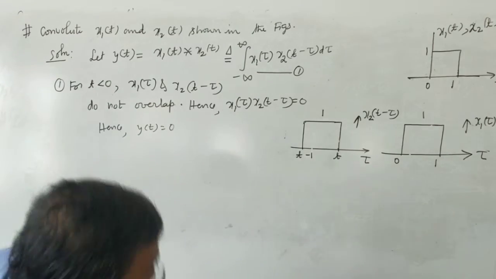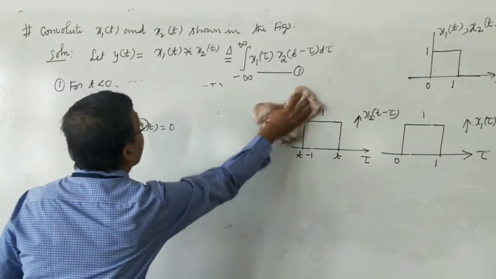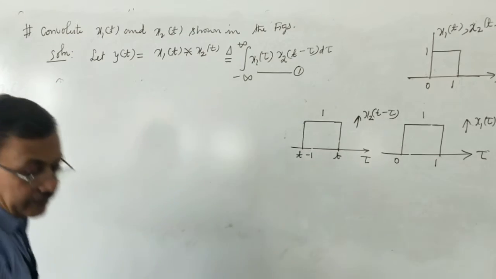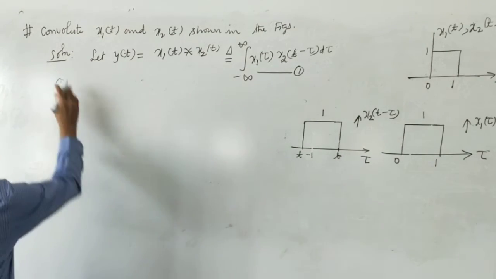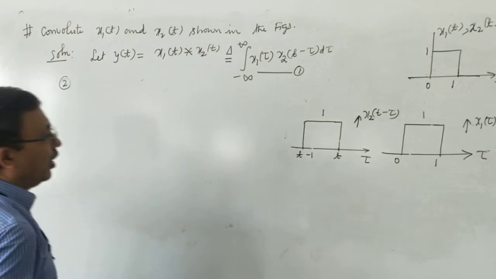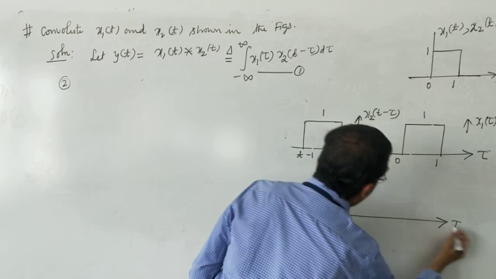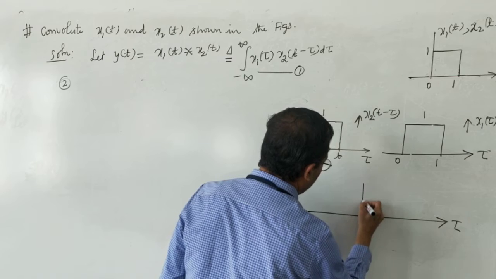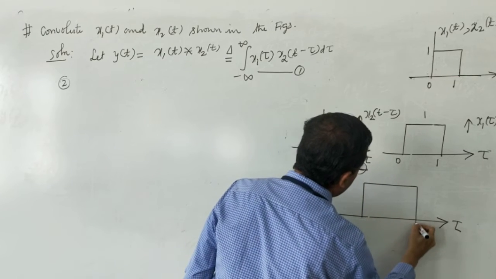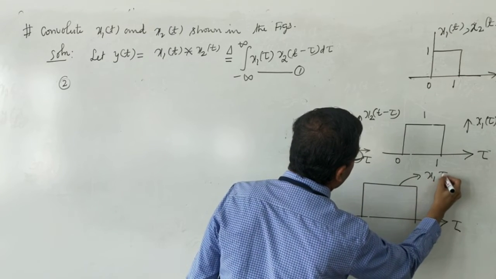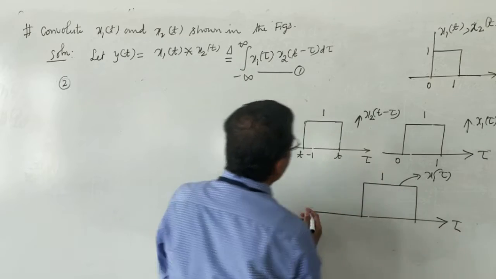Next, the second case. First I will sketch the figure. X-axis is tau. First I will sketch x1 of tau. Please watch. This is x1 of tau. Amplitude is 1.